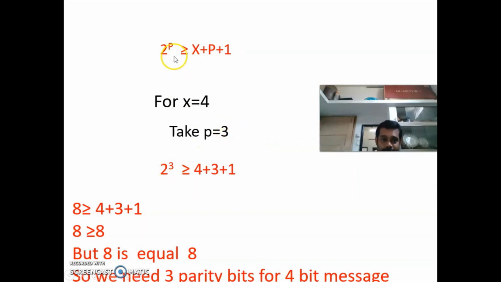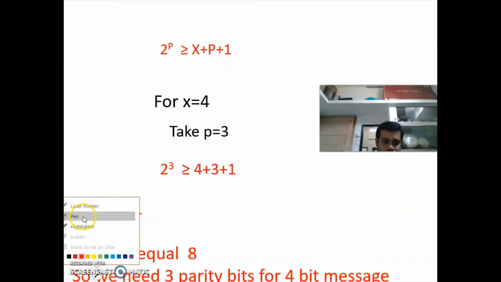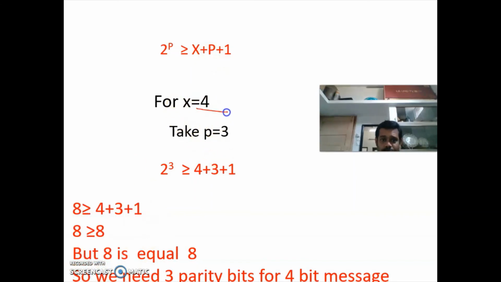Substituting 3 for p and 4 for x, we have 2 to the power 3, which is 8. 4 plus 3 plus 1: 4 plus 3 is 7, 7 plus 1 is 8.